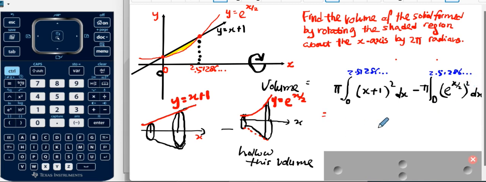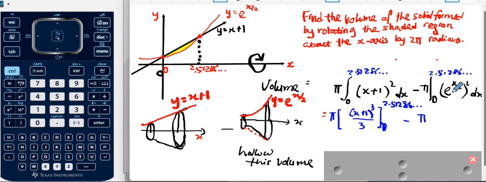If this is paper 1, I have to do the integration by hand. So this is going to be (x plus 1) cubed divided by 3, going from 0 to 2.51286 dot, minus this, and this is e to the power of x over 2 times 2.